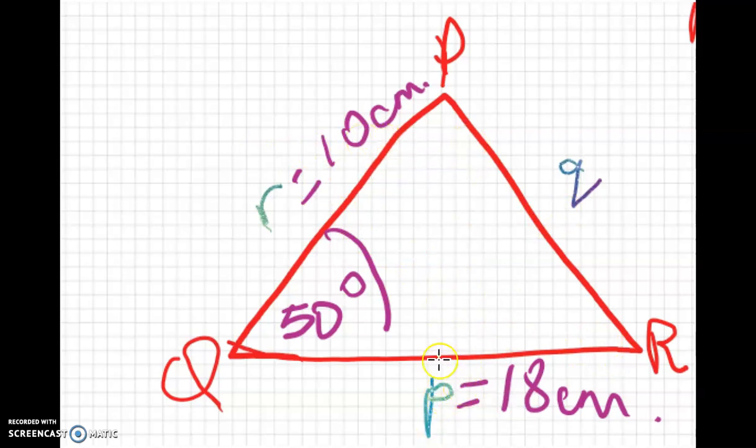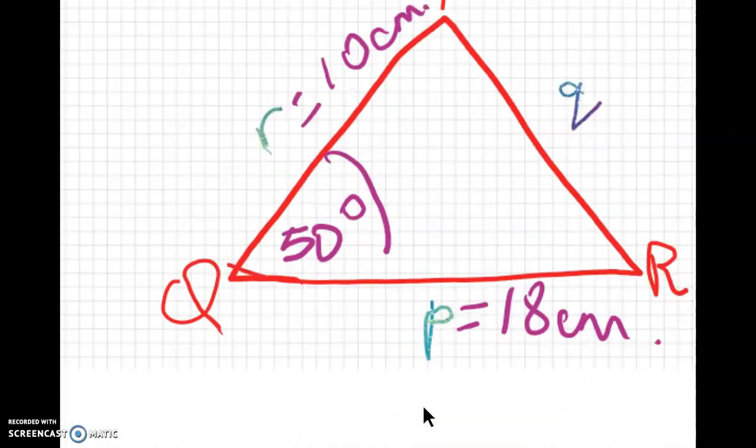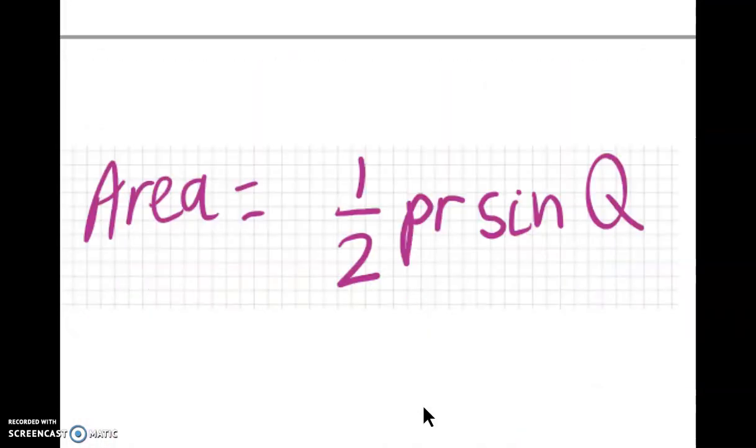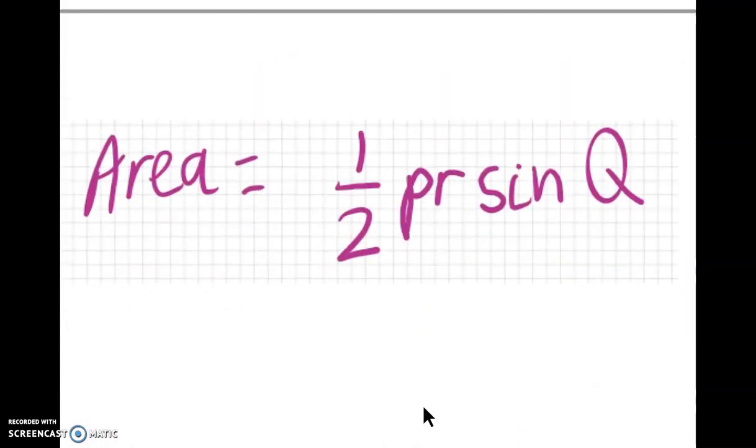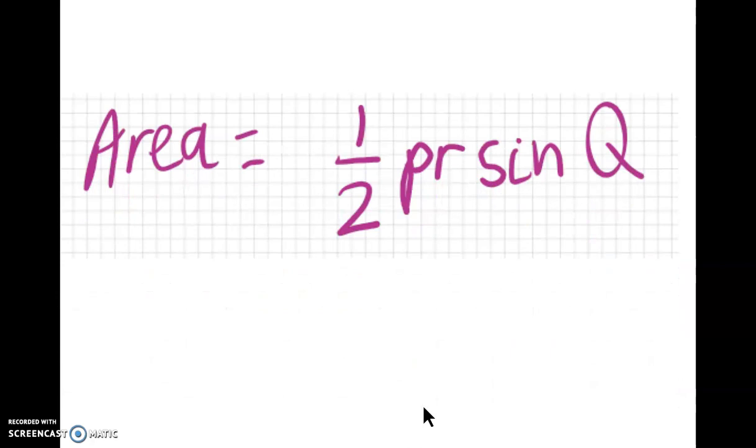We know the length of this side, we know the length of this side, and we even know the angle between side PQ and side QR, the angle between these two lines. In this case, it would be a half pr sine Q. It doesn't necessarily have to be A, B, and C. This is how you apply the formula: a half pr sine Q.